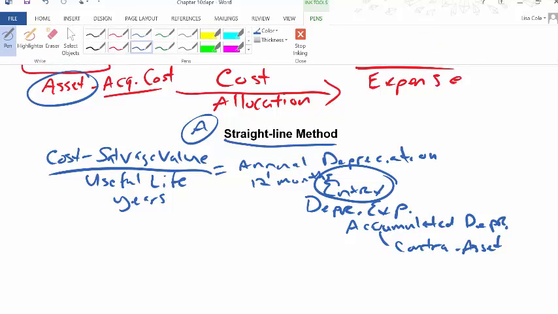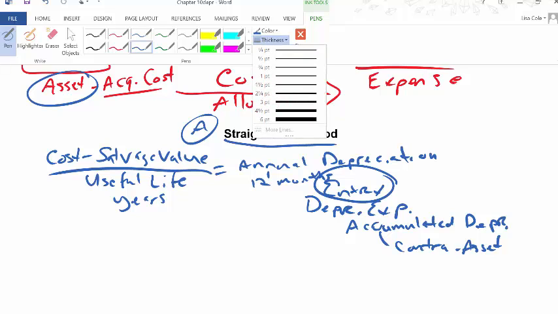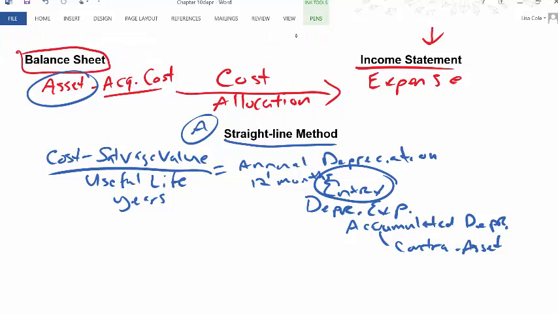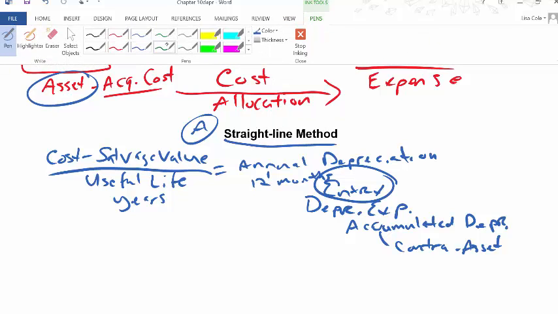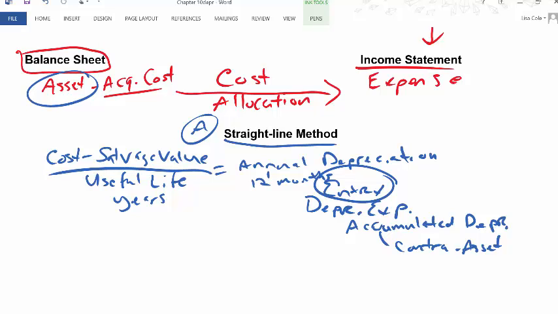Let me thin out this pen a little bit. If we have an asset, an equipment that cost us $154,000, and we're going to say that it had a salvage value of $25,000.